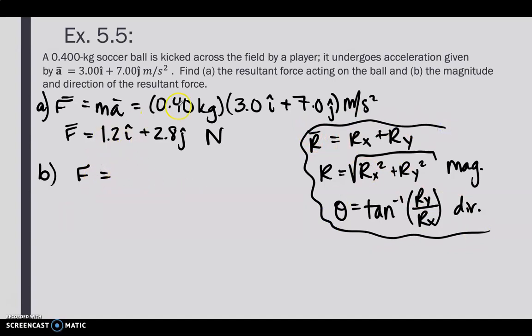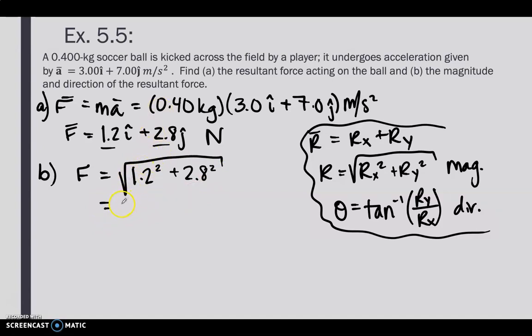So if I want to find our magnitude, I'll take my x component, which is 1.2, square it, plus my y component, which is 2.8, and square it, and then square root the whole thing.